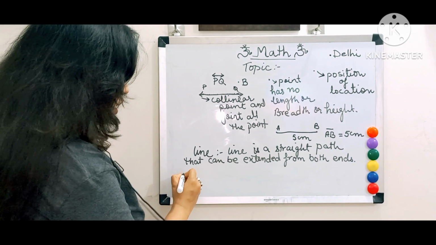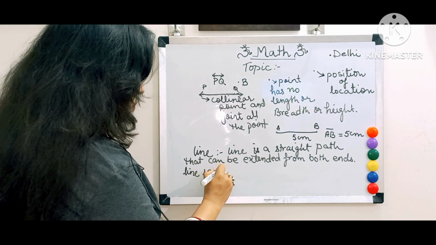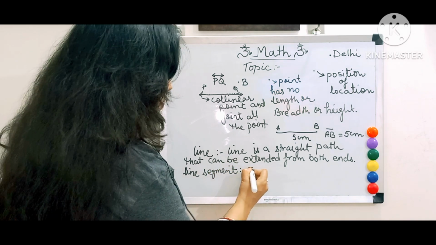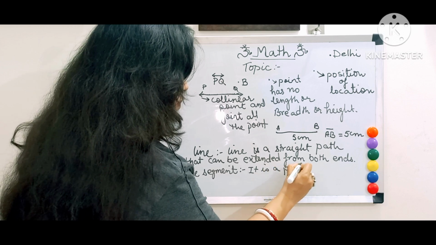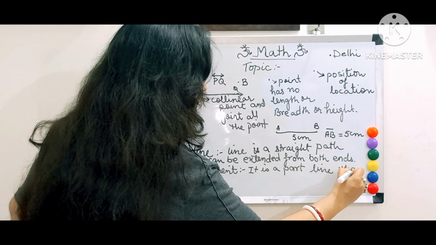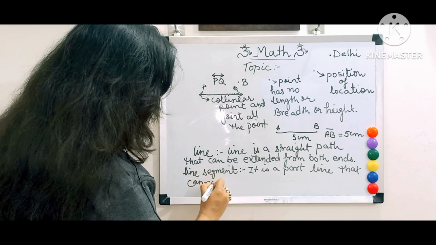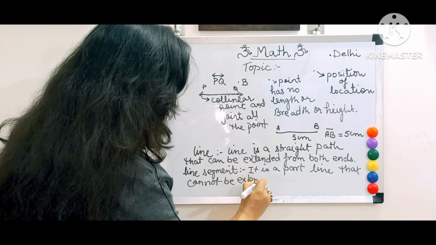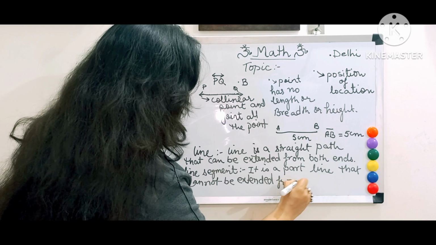Also, what is a line segment? It is a part of a line that cannot be extended from both ends.